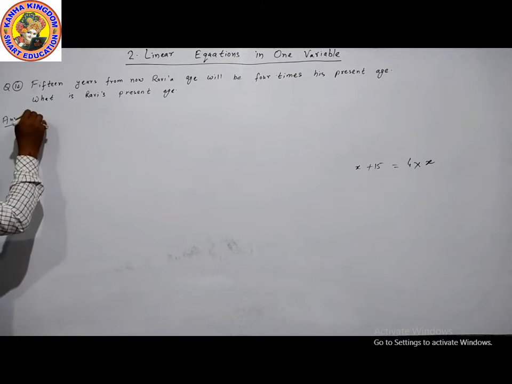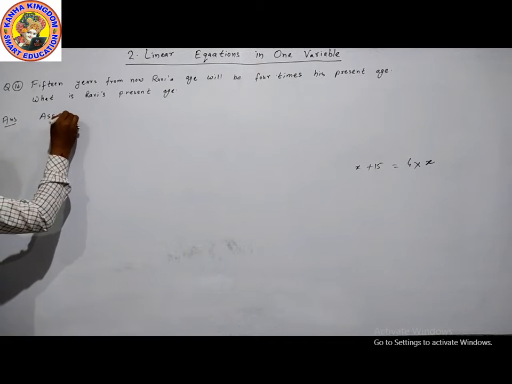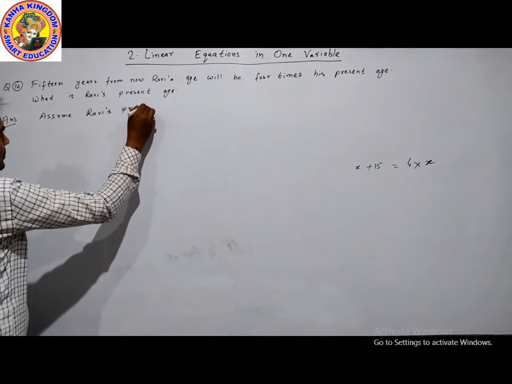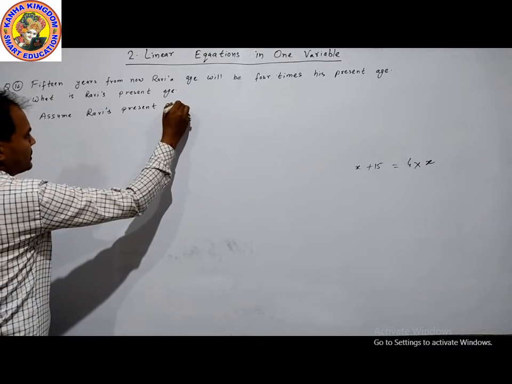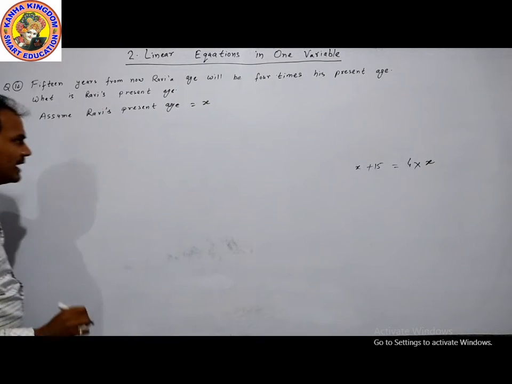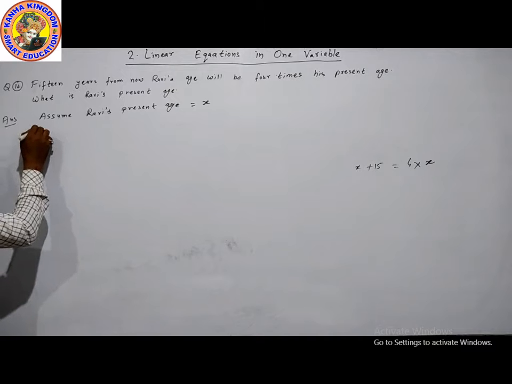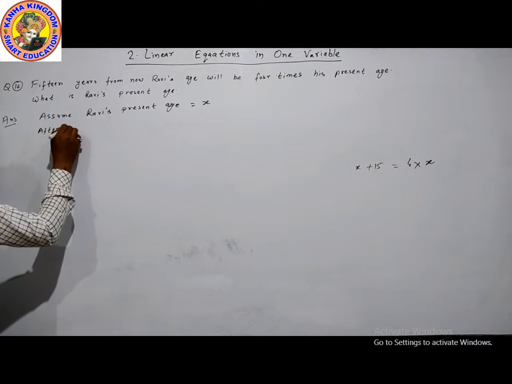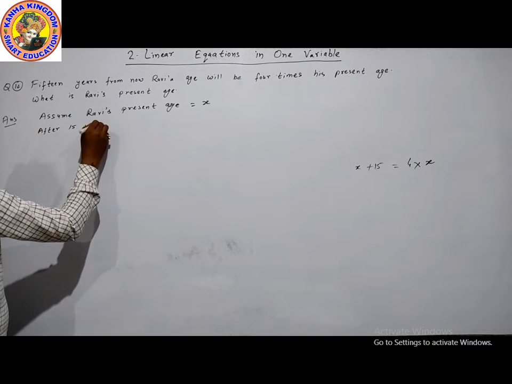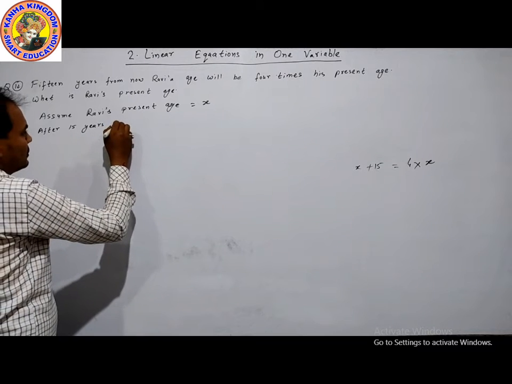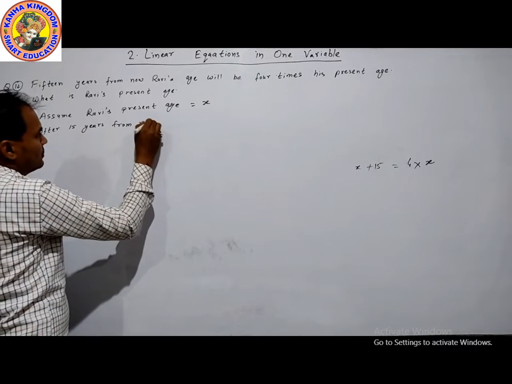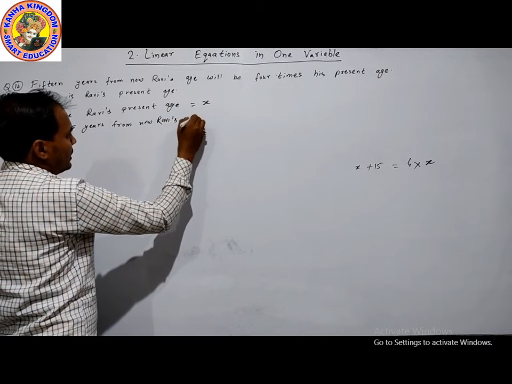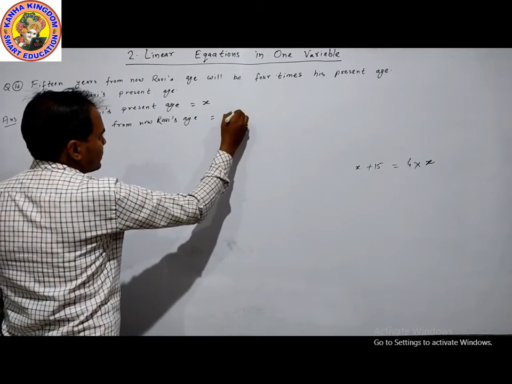In the answer, assume Ravi's present age is x. After 15 years from now, Ravi's age is x plus 15.